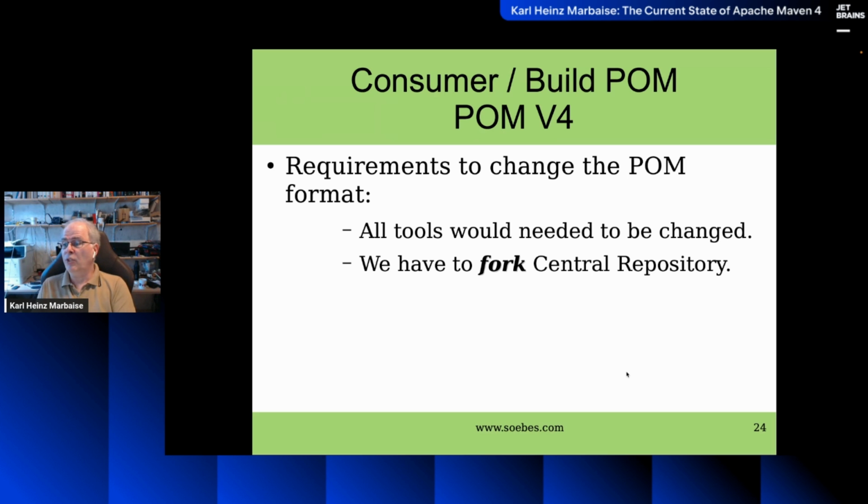Not only the tools are the problem, also if you think about the central repository, it contains millions of artifacts. And if that will be changed, then you have a big issue, or I would say not big, it's gigantic in the end. And the result would be that it will not be accepted. So if we change simply the POM which exists at the moment, that will result in not accepting the change here.